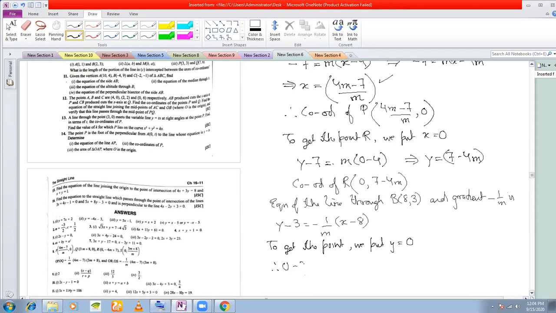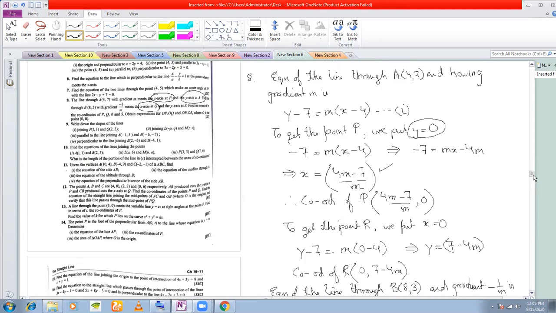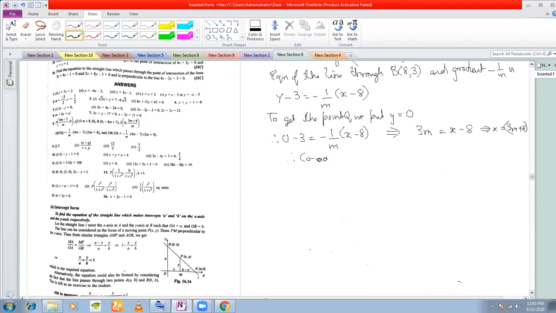Therefore, 0 minus 3 is equal to minus 1 by m times (x minus 8). That means minus 3m is equal to minus (x minus 8), cancelling the minus signs, we get 3m is equal to x minus 8. So x is equal to 3m plus 8. Therefore, the coordinates of Q are (3m plus 8, 0).